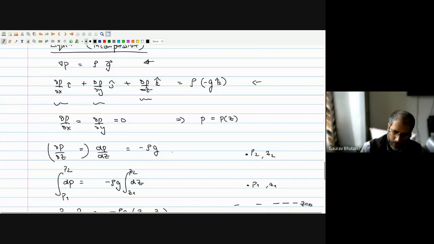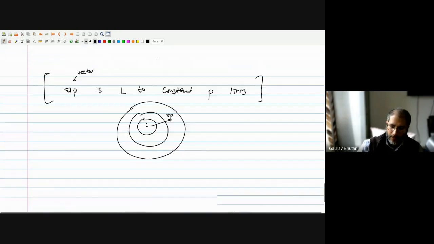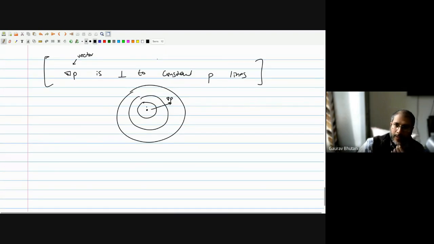Okay. And this relation, this one that I have put an arrow on, this tells us that this grad P will always be in the direction of gravity. So what that tells us is that the variation of pressure, let's say on Earth, if you're talking about the standard frames we work with, gravity is like this. So grad P will also be in this direction.